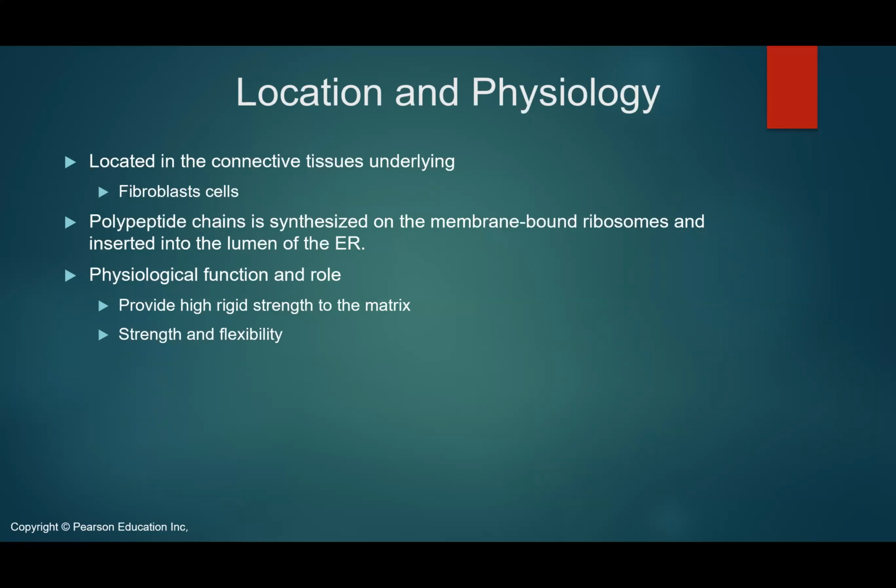That extracellular matrix around the fibroblast is composed of collagen fibrils. And the collagen polypeptide chains are synthesized on the membrane-bound ribosome and inserted into the lumen of the ER.